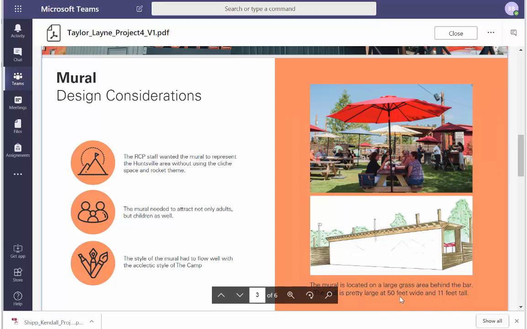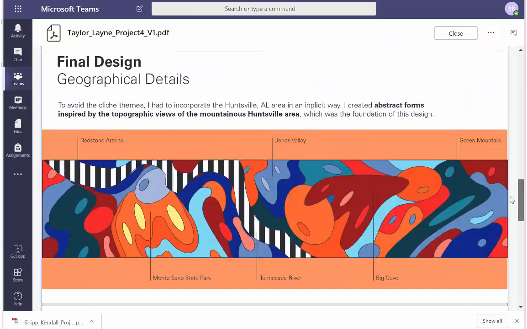And I do like seeing the numbers here. It's rare that I want actual dimensions, but this is good. You just can't say it's pretty large. You can say the wall was an appropriate challenge at 50 feet, 11 tall.